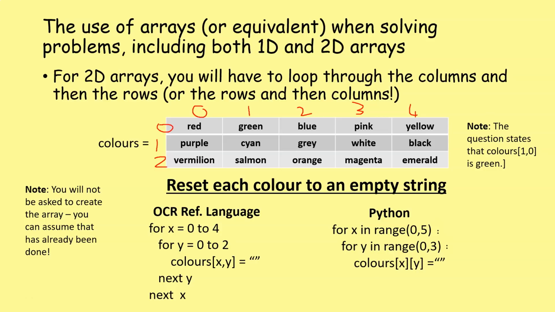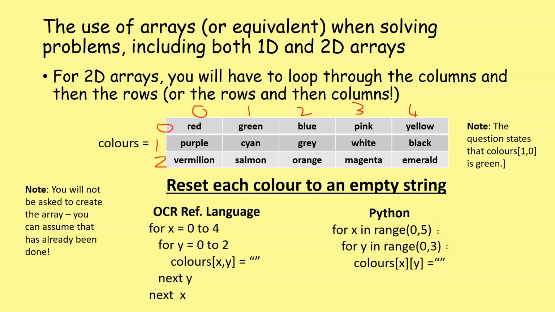In Python, again, I have to remember that the second number is always going to be exclusive. So first of all, I'm going to loop through the columns and say for x in range 0, 5, again adding 1 more than I need. For y in range 0, 3, adding 1 more than I need to the rows. And then colors x, y, separate sets of square brackets, equals open close string.